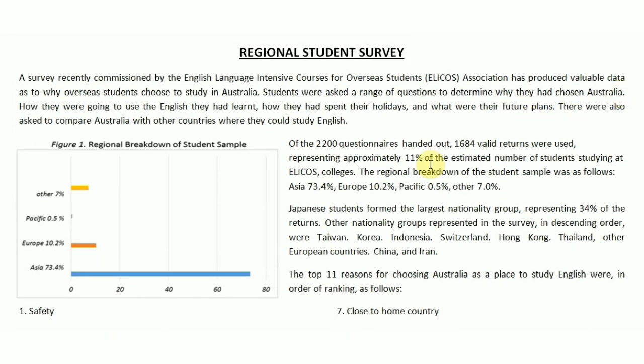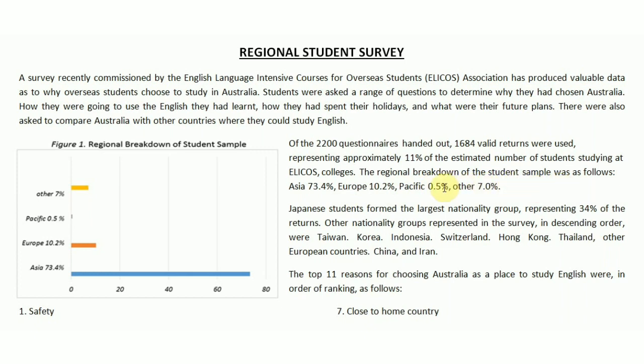So I guess the location is in this paragraph. Of the 2200 questionnaires handed out, 1684 valid returns were used, representing approximately 11% of the estimated number of students studying at Alicos colleges. The regional breakdown of the student sample.